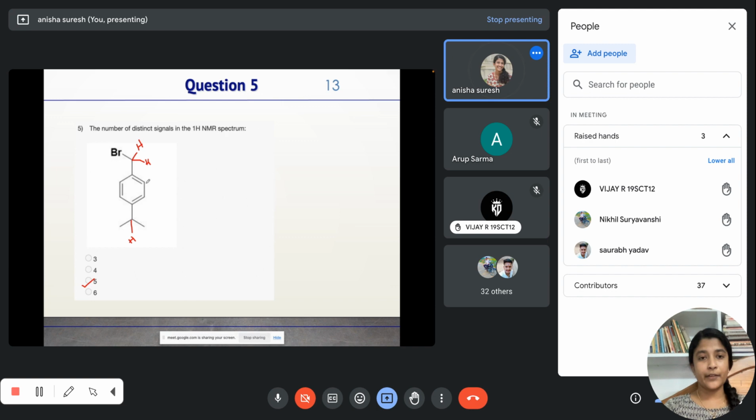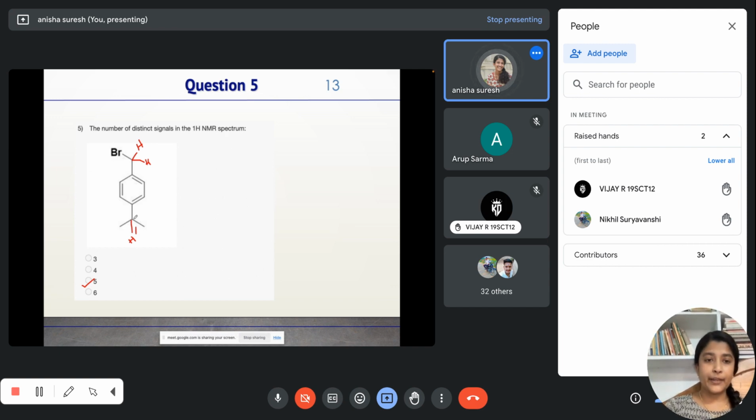Then if we consider a plane over here, and if we number the carbons of the benzene ring as 1, 2, 3, 4, 5, and 6.